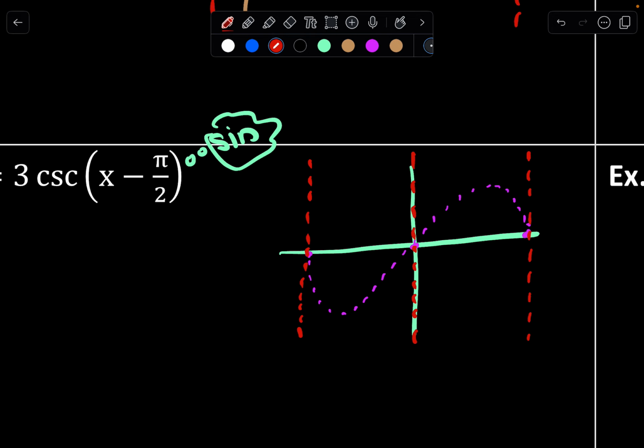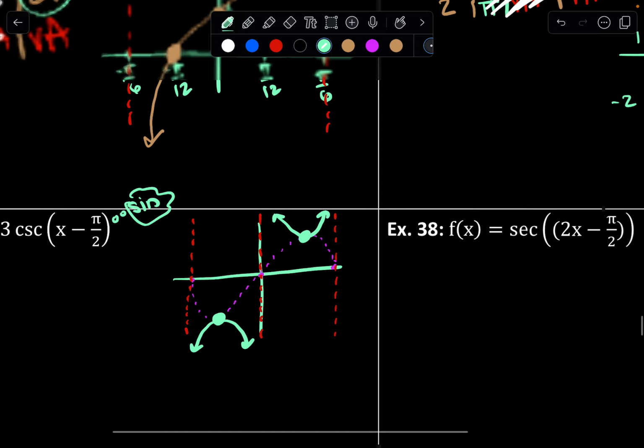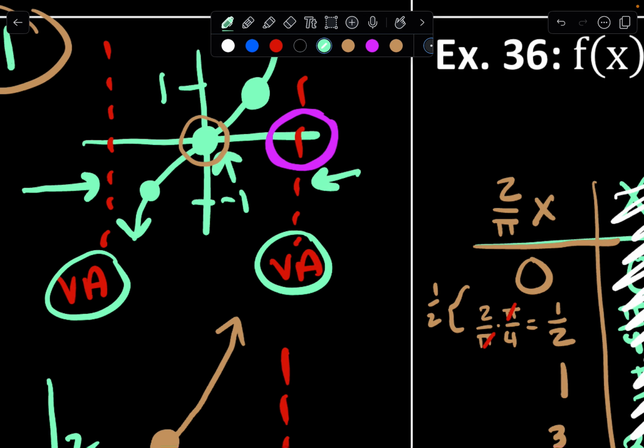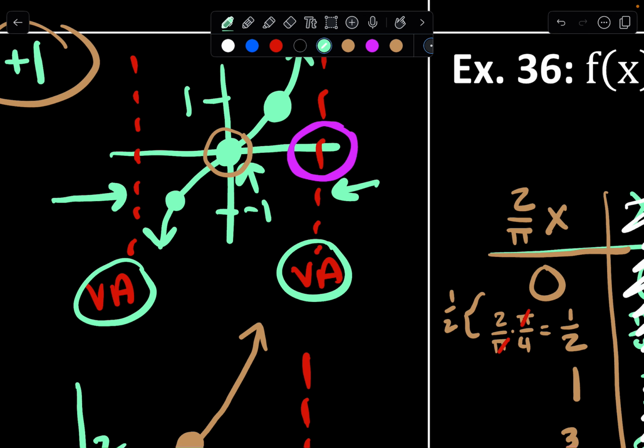All right, and then also we talked about how they will share their relative extrema. So sine and cosecant will share their relative extrema. So that means we have this. So just like tangent and cotangent, how tangent is always increasing, therefore cotangent is always decreasing, you can also see that their concavity changes.